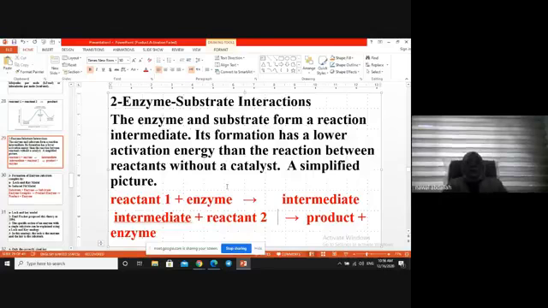So the enzyme substrate intermediate step can be done by using two reactants with the enzyme. Reactant number one will react with the enzyme to form the intermediate. This intermediate will react with reactant number two to form product plus enzyme.